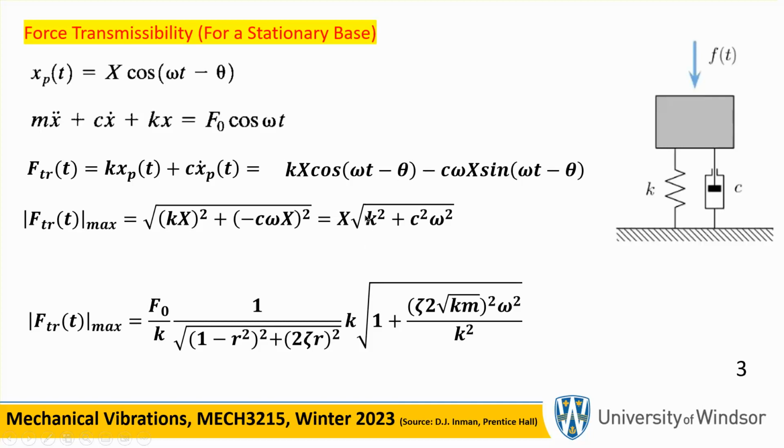Okay, every time we see a k over m, that's omega n squared. And we have the expression for c in terms of the critical damping. So after a bit of algebra, you get this.